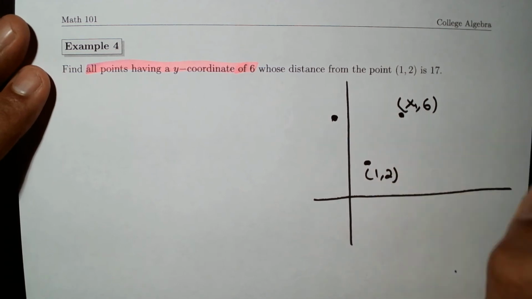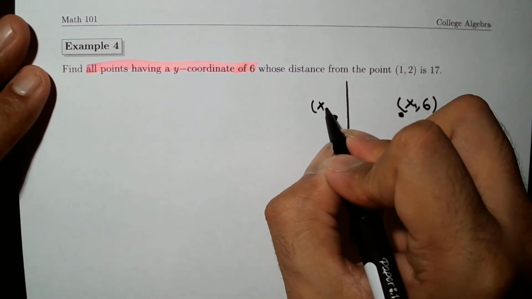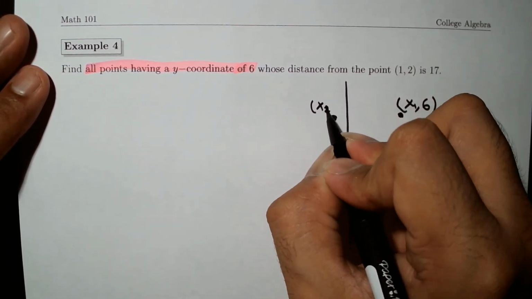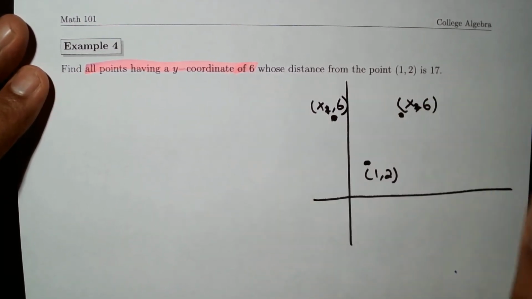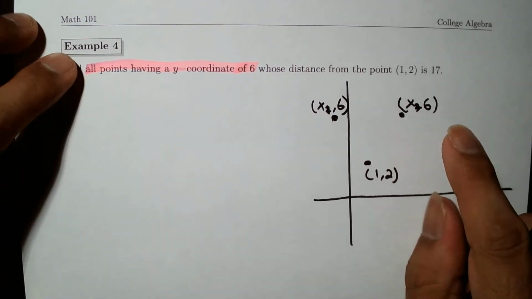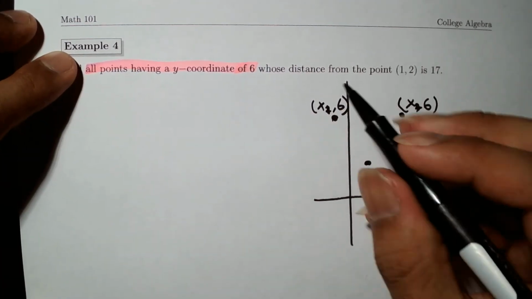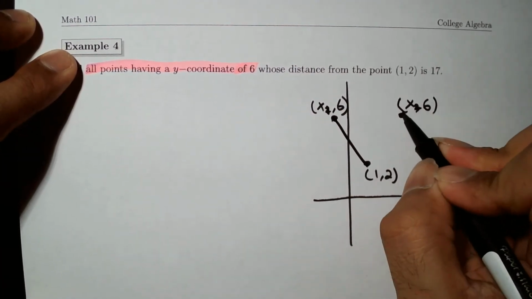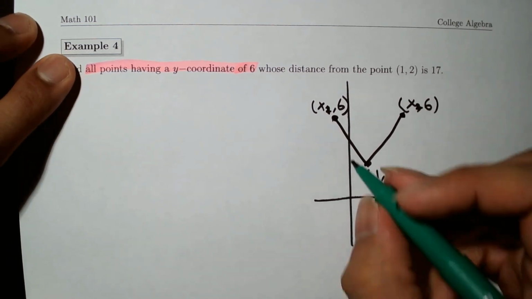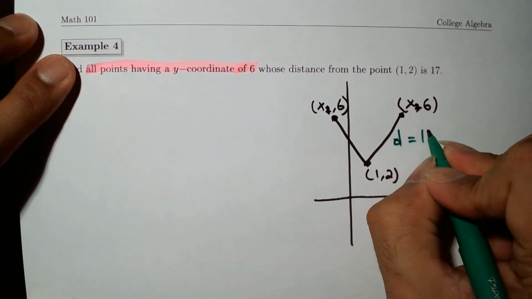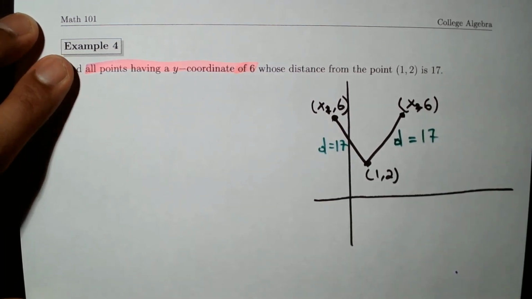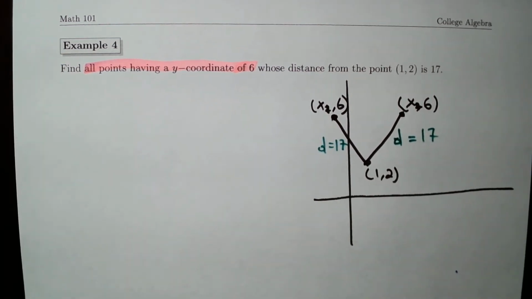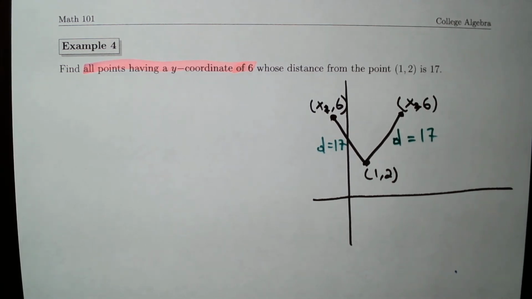Let me call this x1 and this x2, it doesn't matter, comma 6. So we are going to find those 2 points, the values of x of these points, whose distance equals 17.